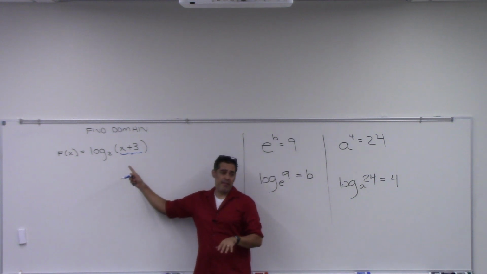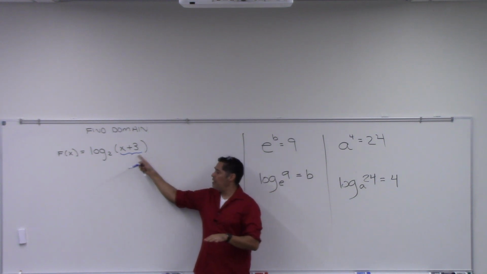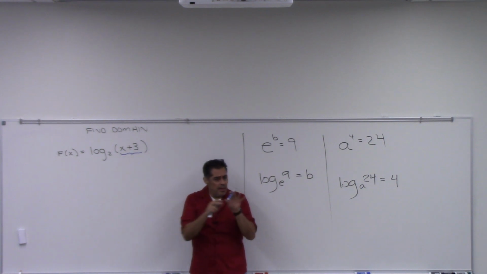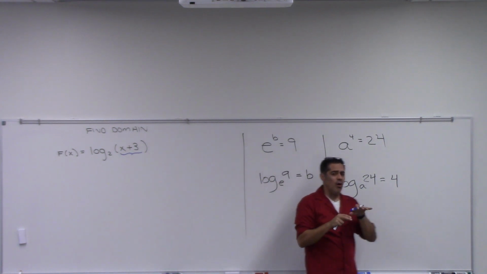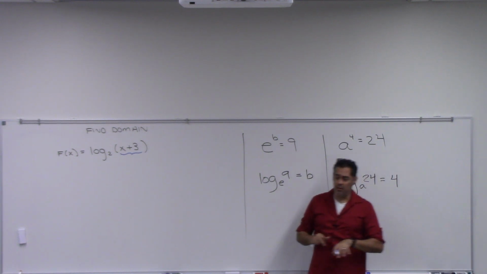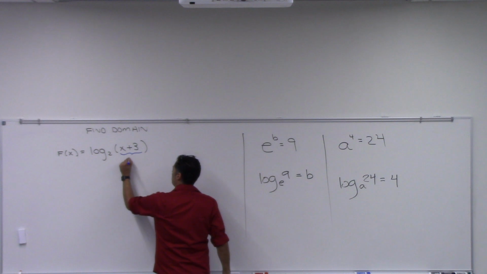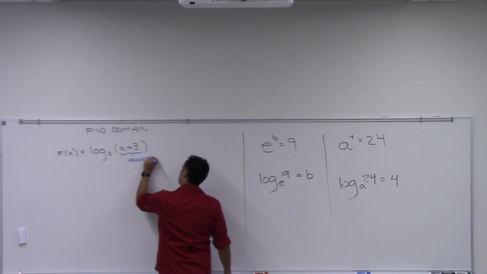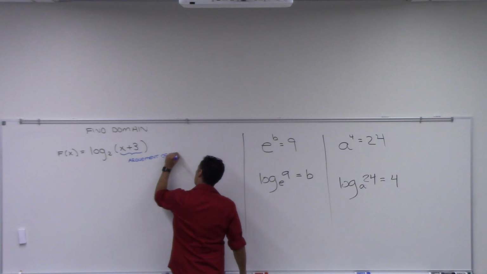There's a name for this in math, and you'll hear this a lot in pre-cal. The thing that gets plugged into a function is called its argument. It's called the argument of the function, all right? So you see this little argument here? The argument of the function.